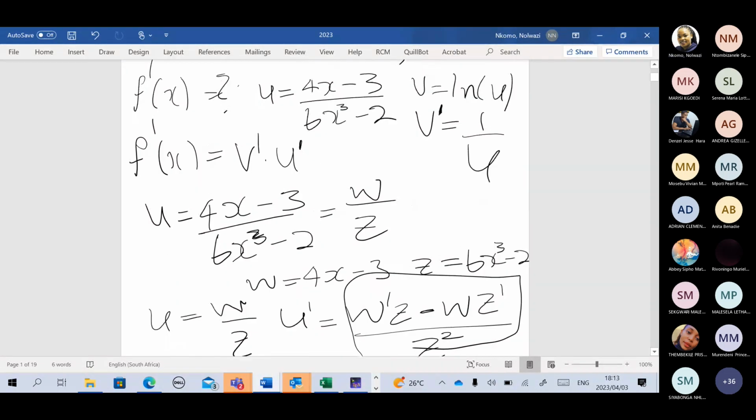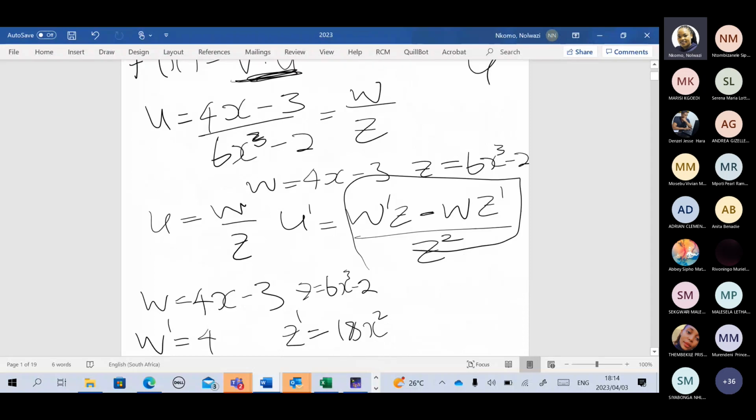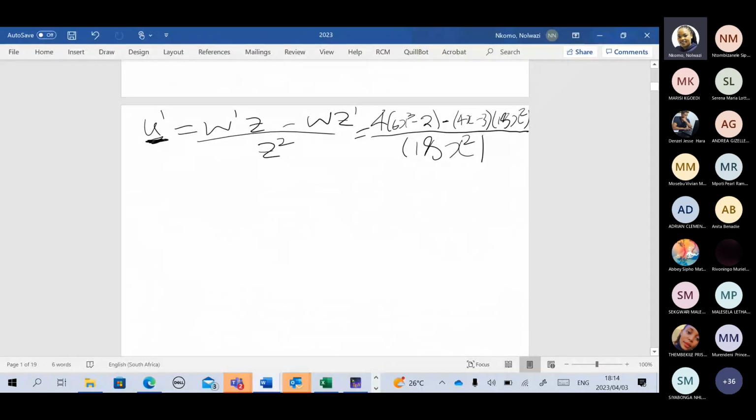Okay, and we need our u prime here, right? Remember, we said the derivative of the given function would be v prime u prime. So this means we have f prime at x equals v prime times u prime, right?